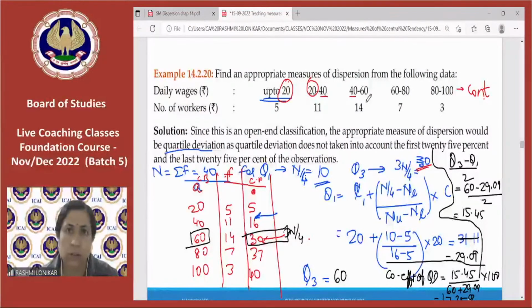From there you will be able to practice sums on quartile deviation, after you know how to calculate Q1, Q3. Then you have to find quartile deviation, which is Q3 minus Q1 upon 2, and the coefficient of quartile deviation, that is Q3 minus Q1 upon Q3 plus Q1 into 100.